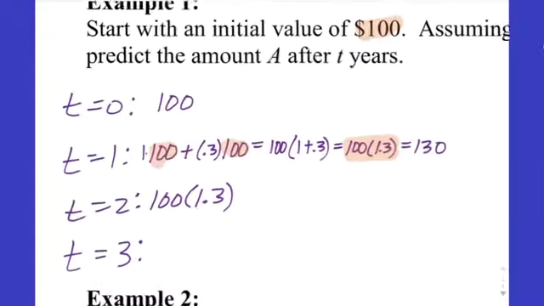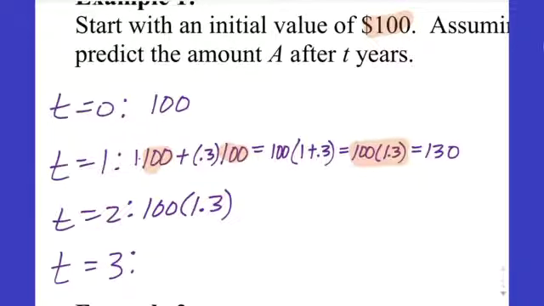That's what we had the year before, and we're going to add to that another 30%. So how are we going to show that? Another 0.3 times what? 100 times 1.3. That's what we did before. It's everything we had the time before plus 30% of that same amount, right?